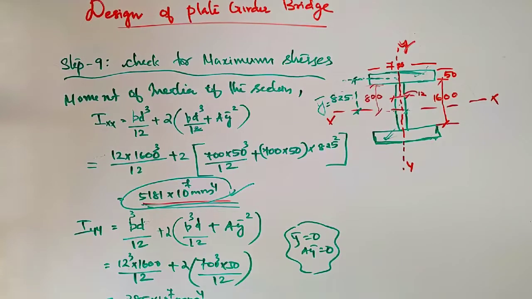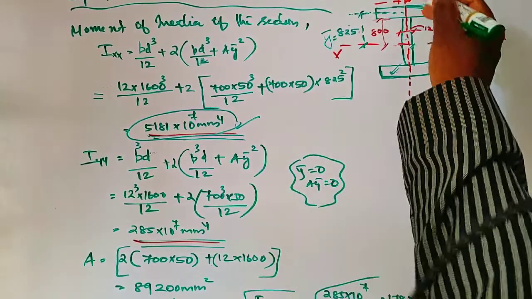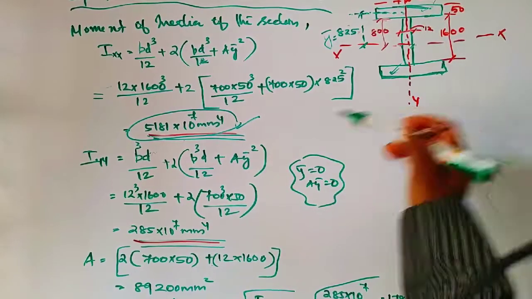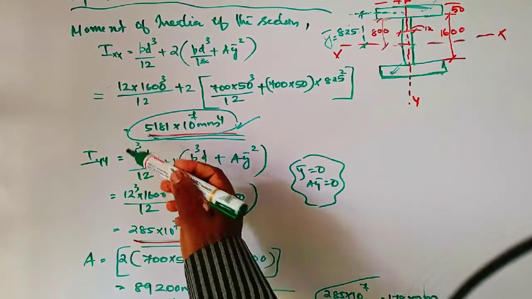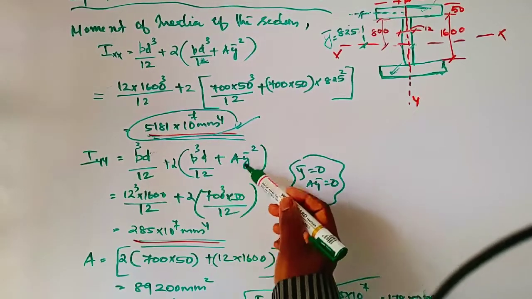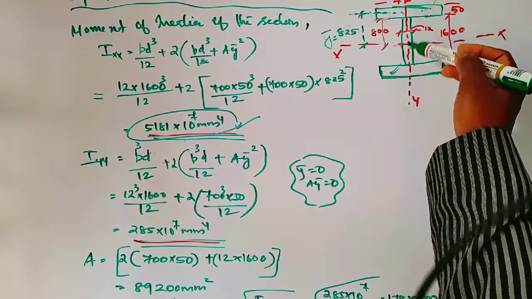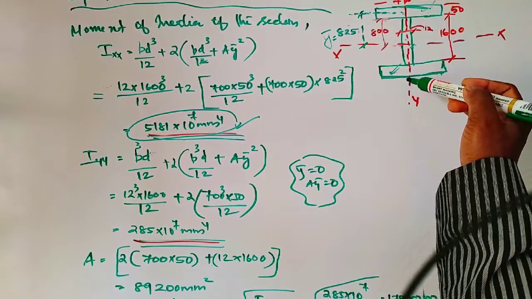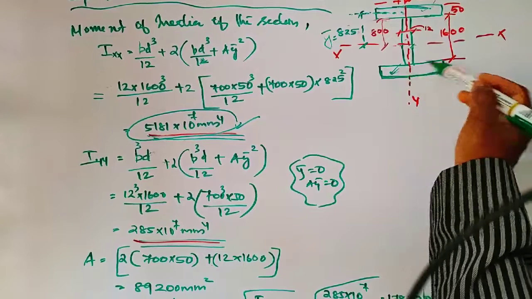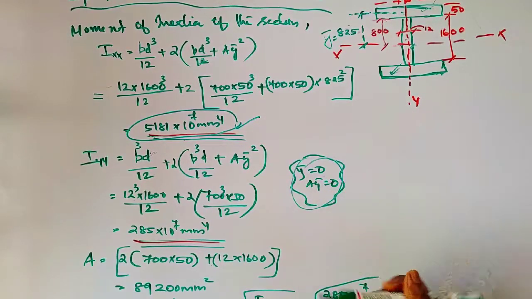Second is Iyy about this axis. Iyy equals B cube D by 12 plus 2 into B cube D by 12 plus A y bar square. The CG and this axis lie on the same line, so y bar equals 0, then A y bar square becomes 0.